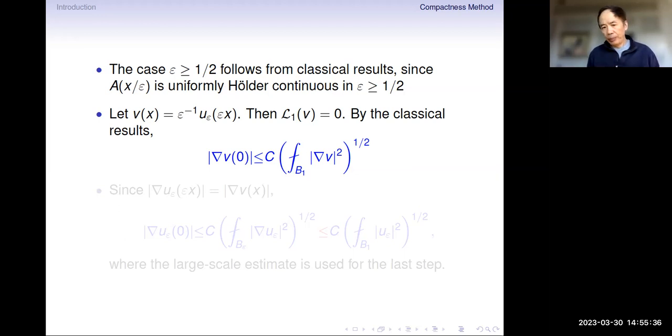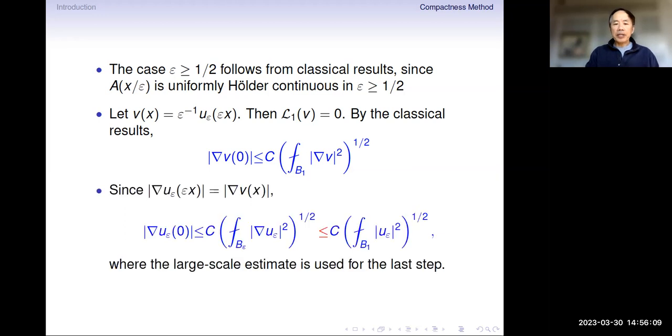It's very important in the compactness argument. Okay, so L1 of v, well, that's just a classical elliptic equation or system. We know we have the Lipschitz estimate, assuming the coefficient is Hölder continuous. Okay, so the gradient of v at 0 is bounded by the L2 average of the gradient over the ball B1.